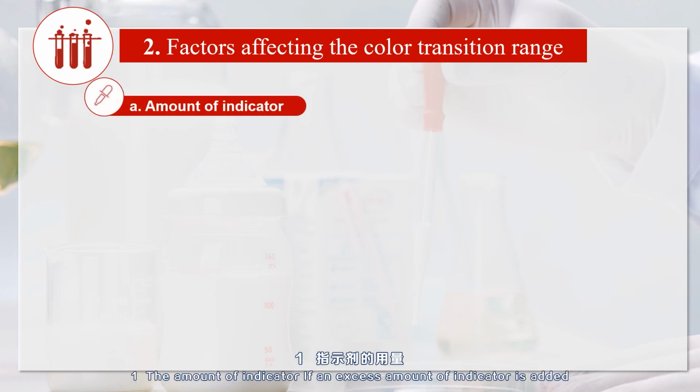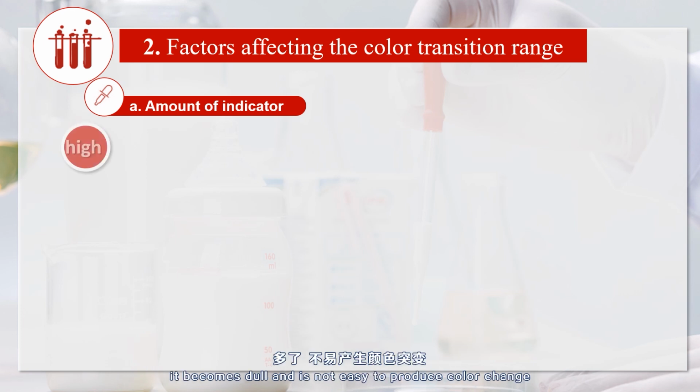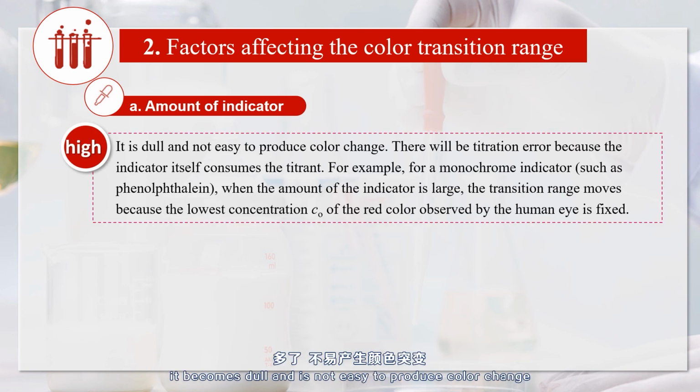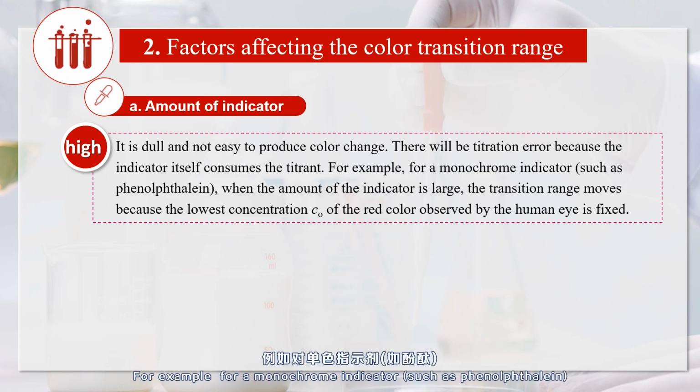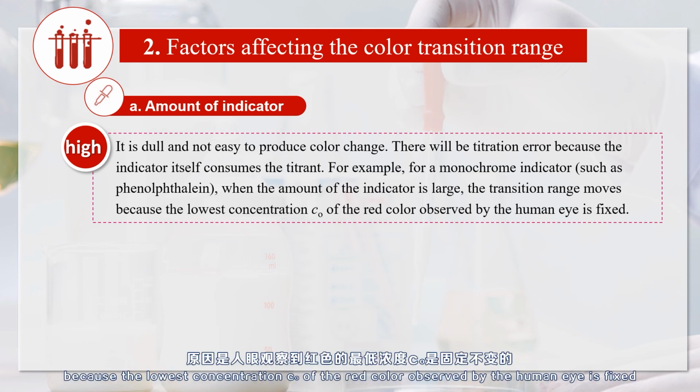1. The amount of indicator. If an excess amount of indicator is added, it becomes dark and is not easy to produce a color change. There will be titration error because the indicator itself consumes the titrant. For example, for a monochrome indicator such as PP, when the amount of the indicator is large, the transition range moves because the lowest concentration C0 of the red color observed by the human eye is fixed.